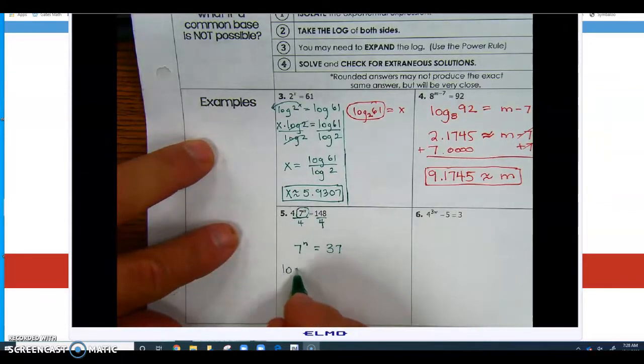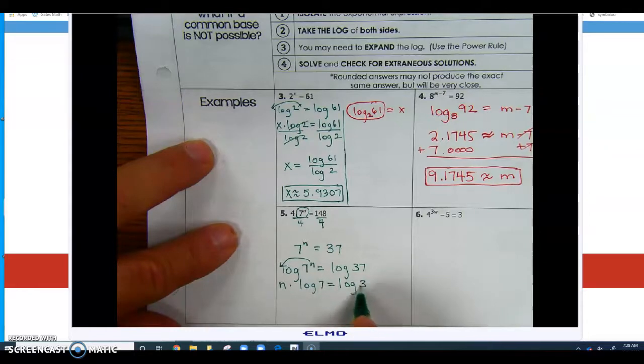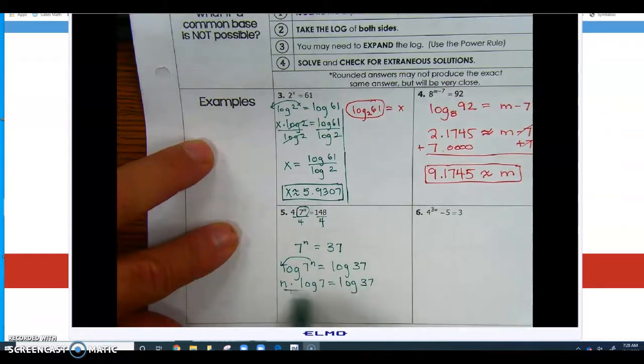But I can do log of 7 to the n power, that's base 10, equals log of 37, that's base 10. Bring the n out front here. N times log of 7 equals log of 37. Now just divide both sides by log of 7 to get n by itself.